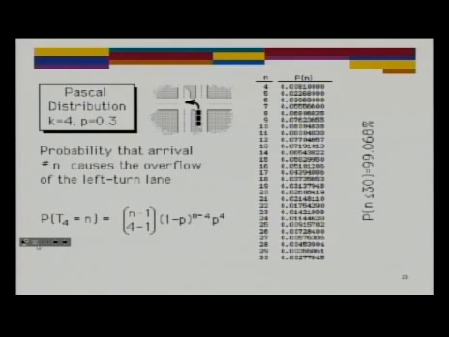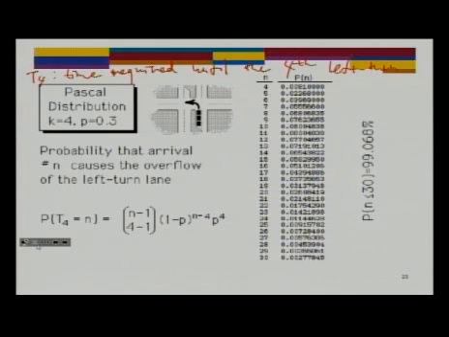So first, let's say T sub 4. Let me use the red color, that'll be better. T sub 4 is the time required until the fourth left-turning car, right?